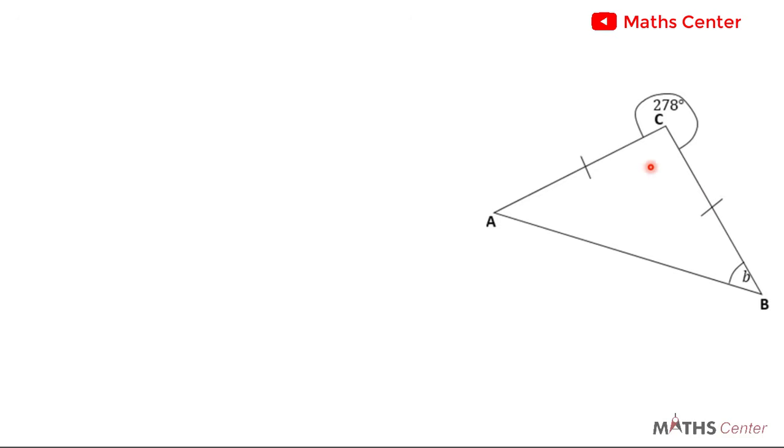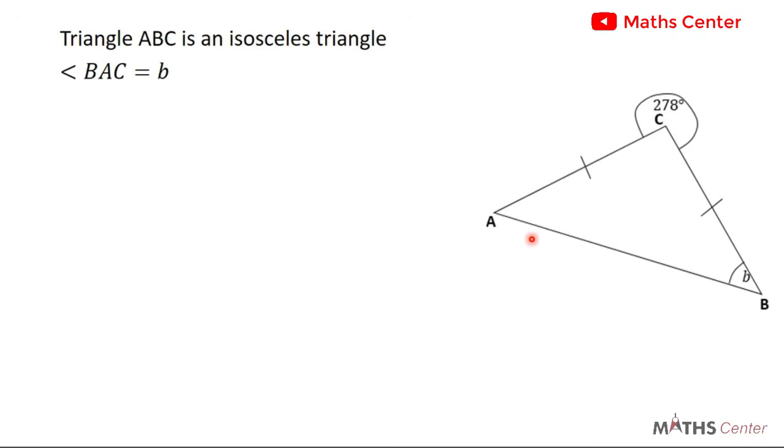So if this is an isosceles triangle, what we know is that the angles formed at the base of the sides that are equal are also equal. So if this angle here is B, from the properties of isosceles triangles, we know that this angle here will also be B. So if triangle ABC is an isosceles triangle, then angle BAC is also B. I hope that is clear, right?